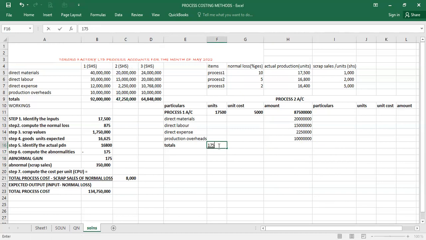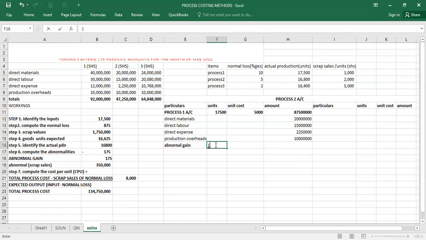We have one which is pending, and we said abnormal gains are supposed to be on the debit side.